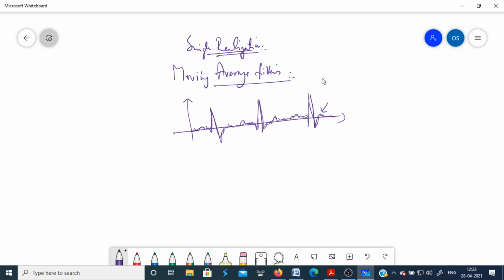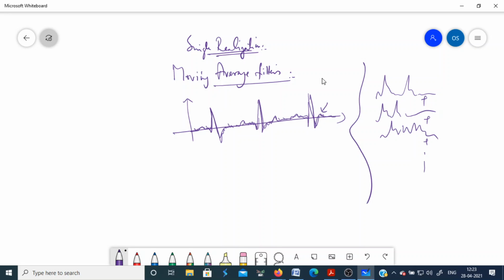The concept is again the same: you have to perform some sort of averaging to cancel this random noise. Initially, with multiple copies of the same signal, you go on adding these realizations, so the random noise gets cancelled and you get a clean signal at the output.